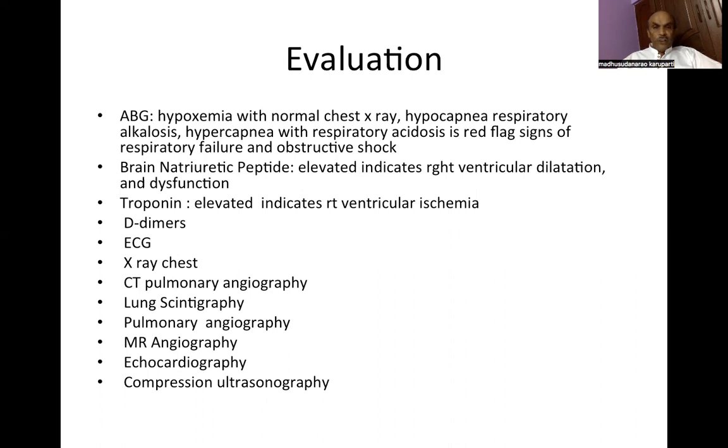ECG is taken in order to assess the presence of arrhythmias and ischemic changes. X-ray chest shows some signs of atelectasis at least. CT pulmonary angiography is the gold standard for the diagnosis of pulmonary embolism.